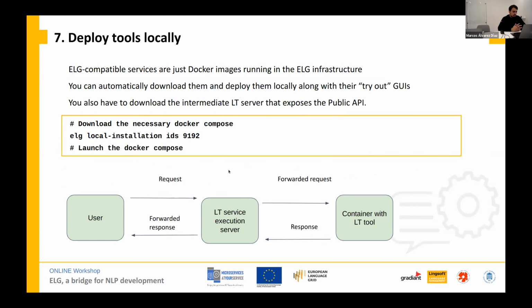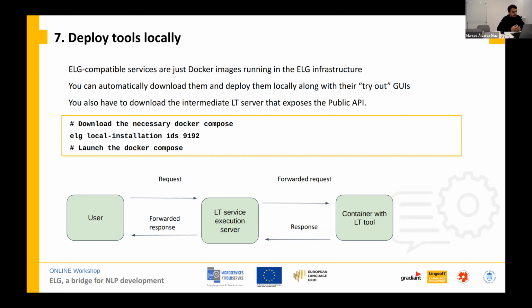And now we are going to talk about how to deploy the tools locally. We may want to have these tools locally instead of calling the API and using them in the cloud, for many reasons, for example, confidentiality of our data.